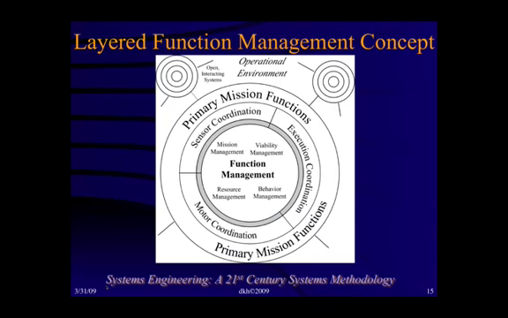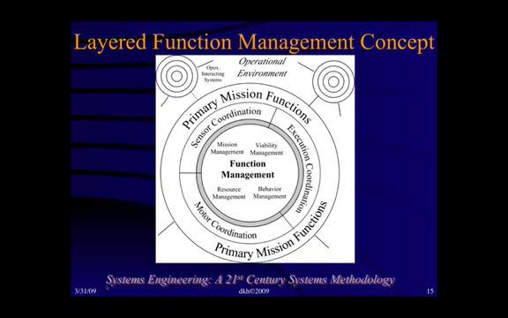Before we go on to the next step, I just want to look at how you organize these various functions and so forth. Around the outside of this setup we have primary mission functions. These are the functions that an external observer would observe the system doing.